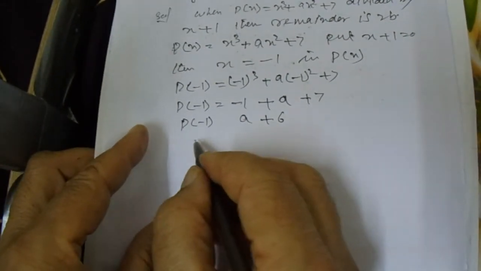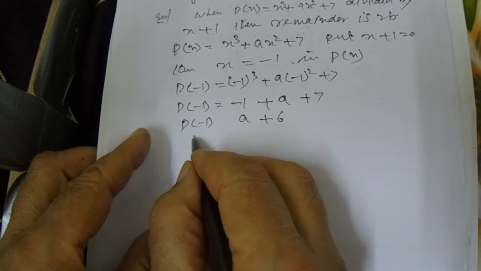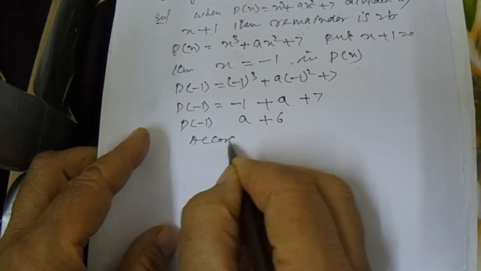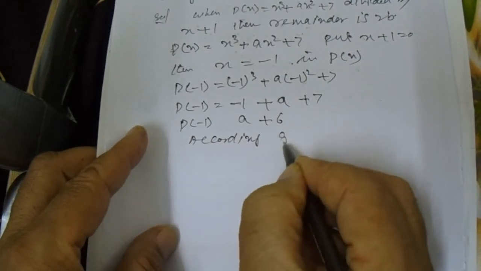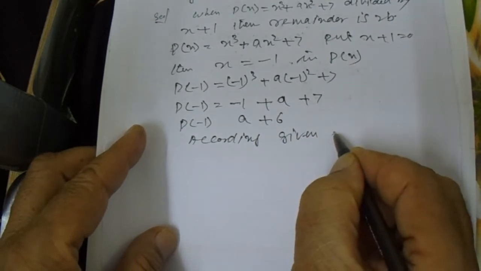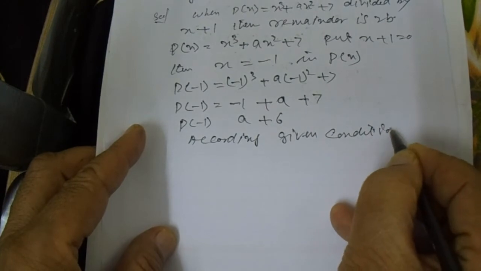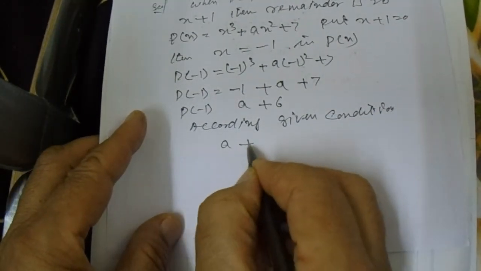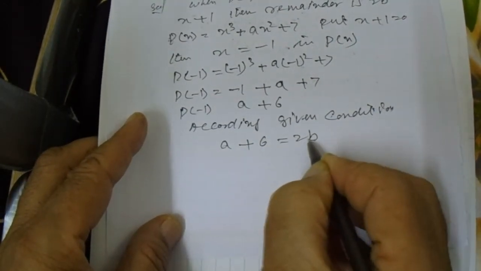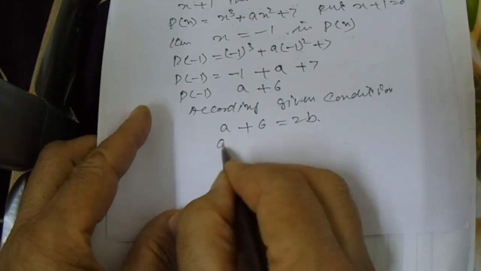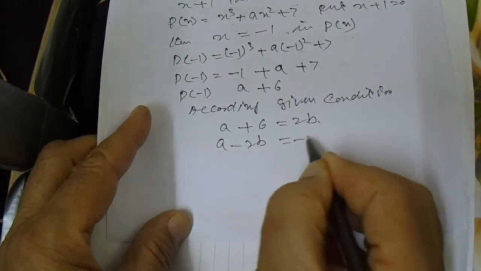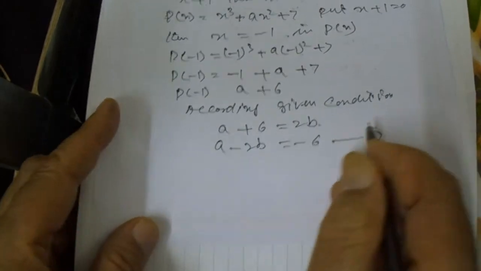Now according to the given condition a + 6 = 2b, and a − 2b = −6. Now this is our first equation.